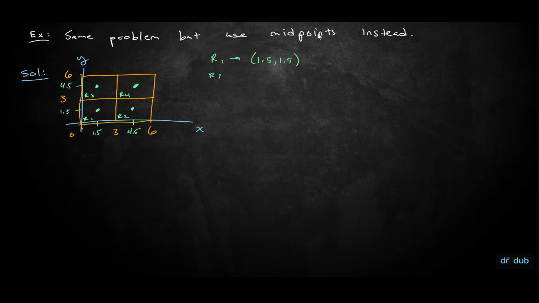So for R2, our midpoint is going to be 4.5, comma 1.5. For R3, we're going to see 1.5, comma 4.5. And for R4, we're going to use 4.5, comma 4.5. And those are our midpoints for each subrectangle.